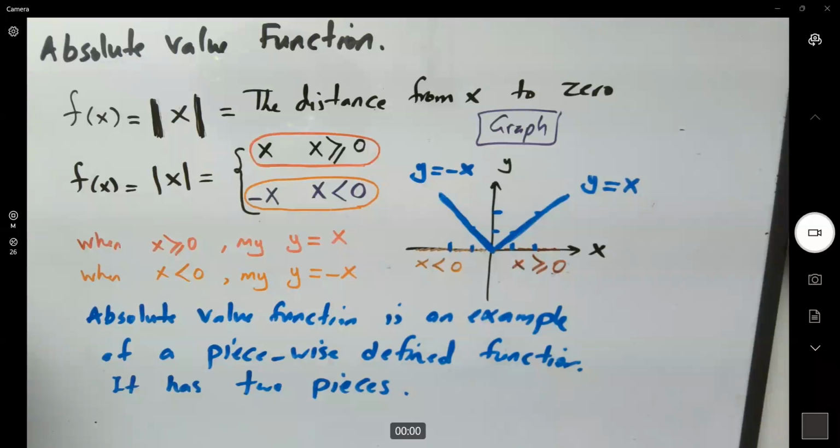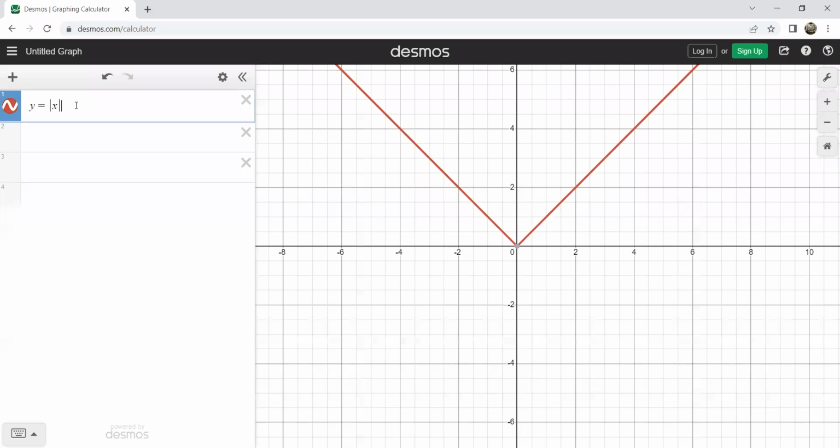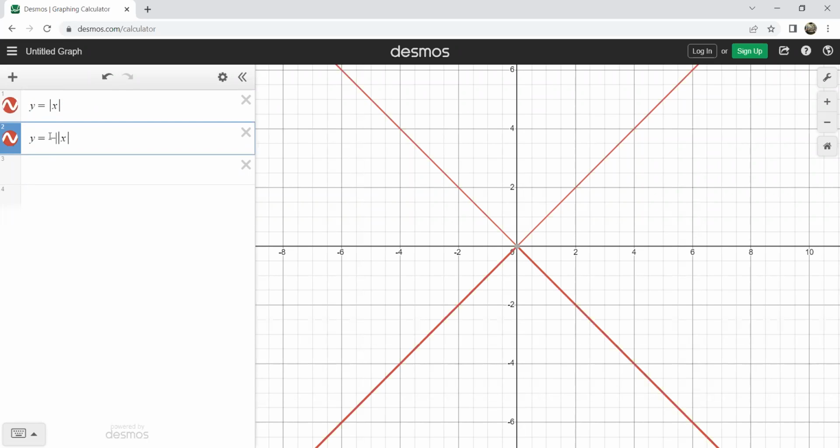Let's take a look at our Desmos. So here we have the absolute value function. Okay, very good. Let me make some adjustments to the absolute value function and see what the behavior is. I'm going to put a negative sign in front of my absolute value function, and this is what I have.